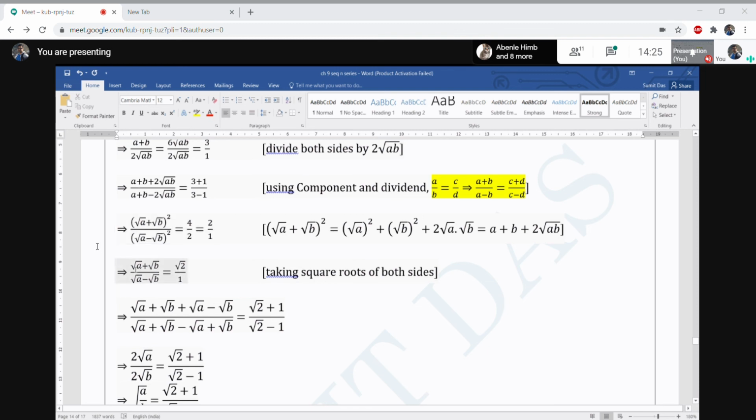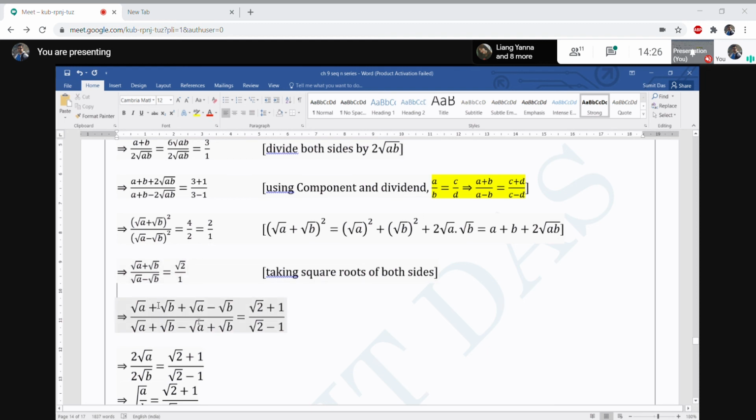So here it will be square root of a plus square root of b. Similarly the denominator will be square root of a minus square root of b. And on the right hand side it will be square root of 2 divided by 1, because square root of 1 is 1.